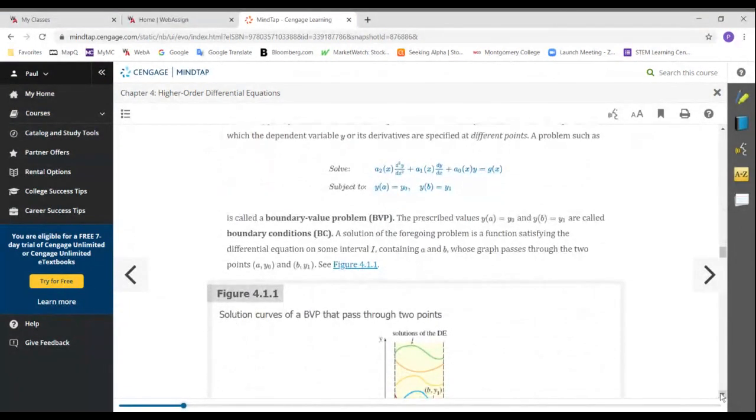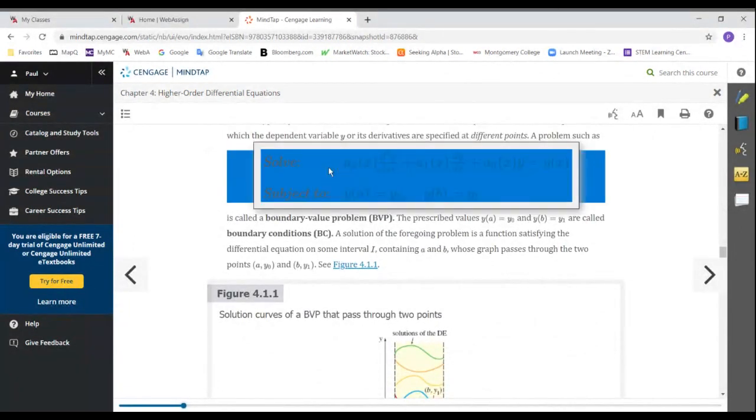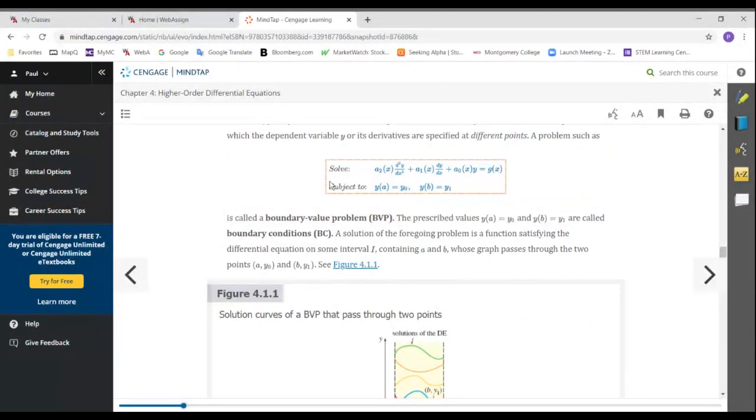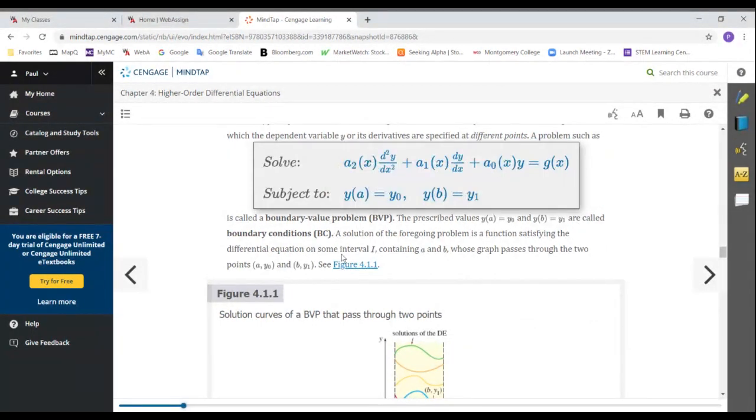I want to just kind of hit on the highlights that you'll need. But sometimes in differential equations, you're presented with a differential equation that is not an initial value problem, but another type of problem called a boundary value problem, a BVP.